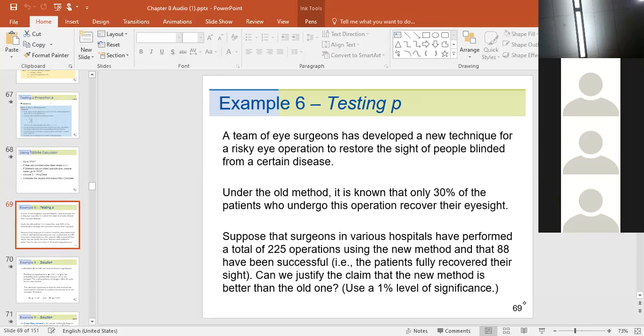Okay, what is the claim here? I told you, you find the claim in the question. Can you see the claim?